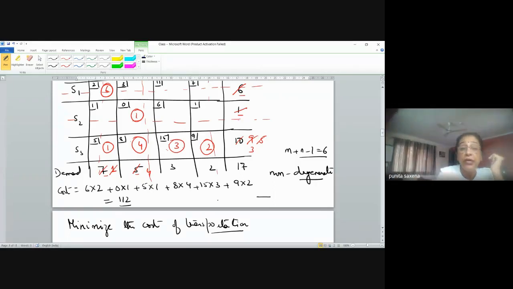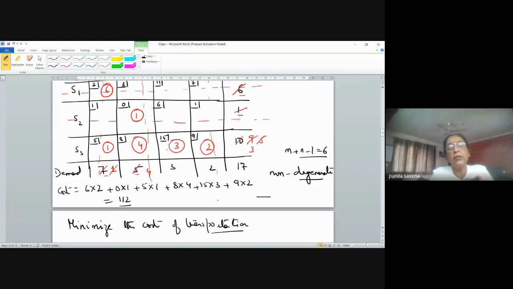Since least cost method is giving me a less cost of transportation compared to northwest, the northwest initial feasible solution will lead me to an optimal solution, but in more number of steps compared to least cost, because one step we will have to cover right here.